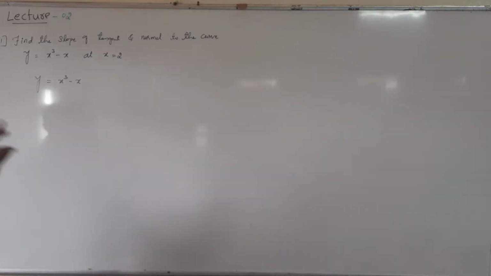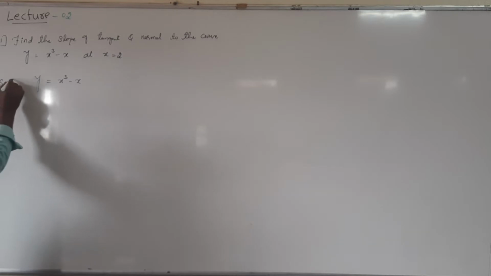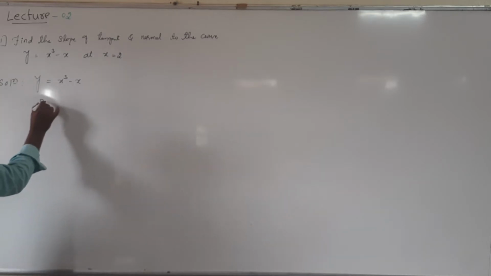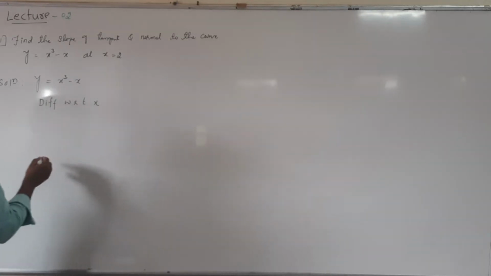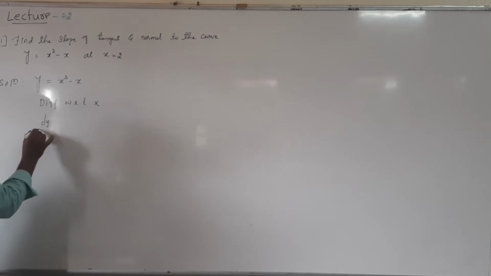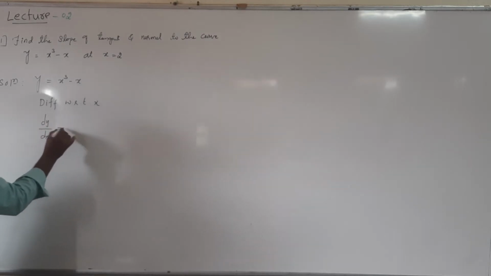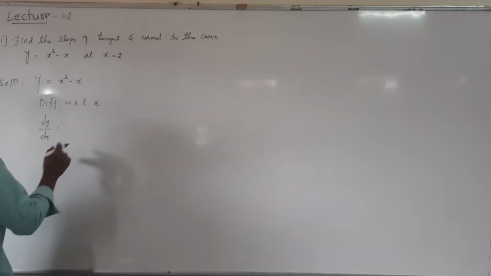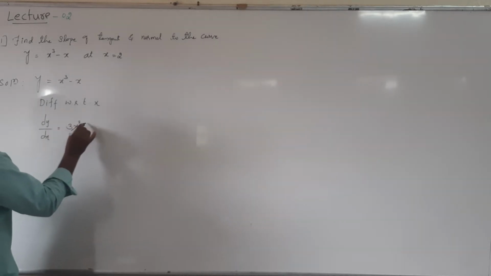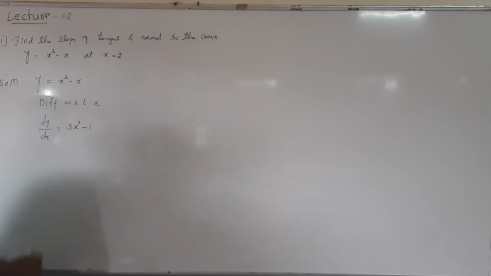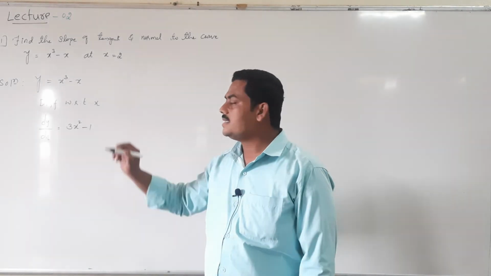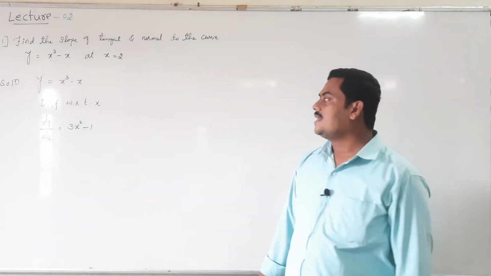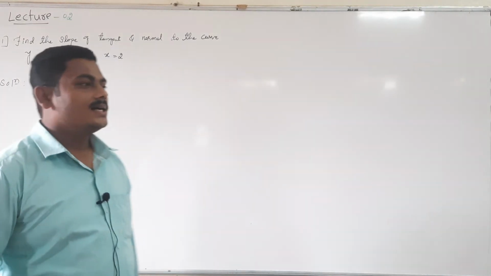In the first step, differentiate with respect to x. On differentiation, we get dy by dx equal to 3x square minus 1. The derivative of x cube is 3x square, just by using the x raised to n formula, and the derivative of x is 1.